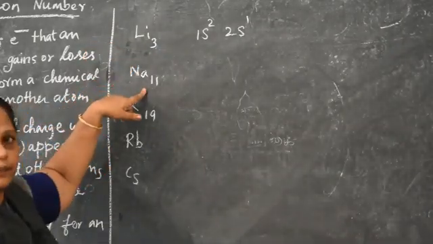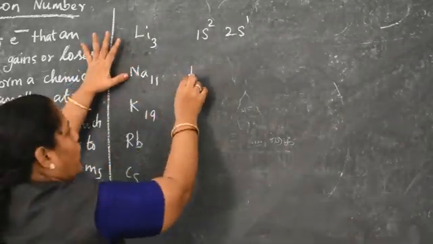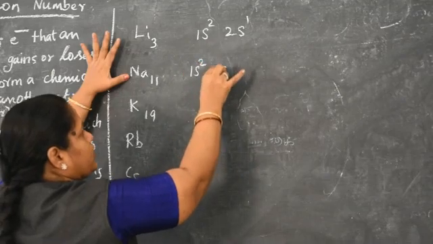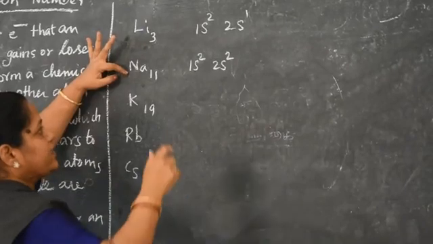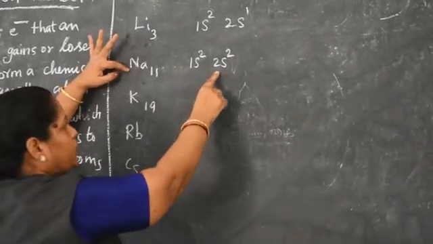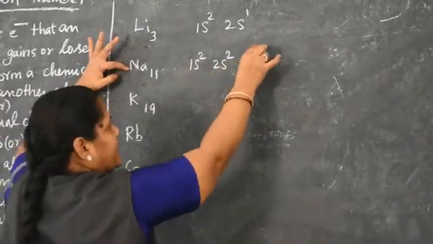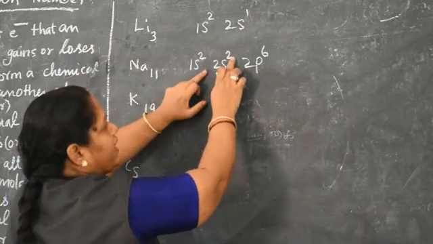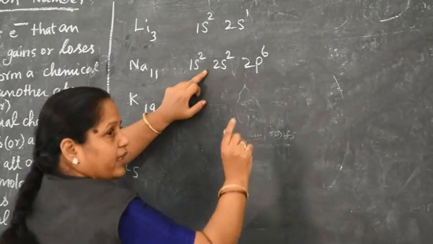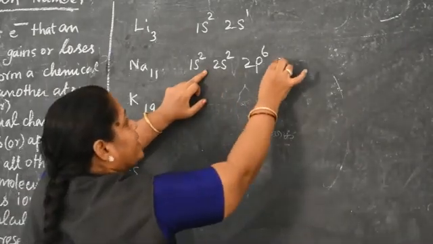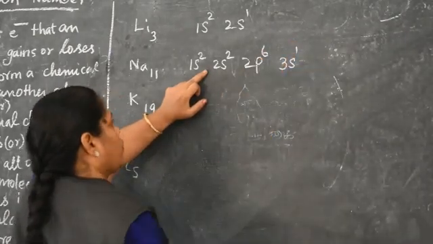Now, sodium: 1s2, 2s2, 2p6, which I discussed elaborately in our last class. Totally how many electrons here? 2, 2, 4 plus 6, 10, and the remaining 1 electron enters the third shell, that is 3s1.